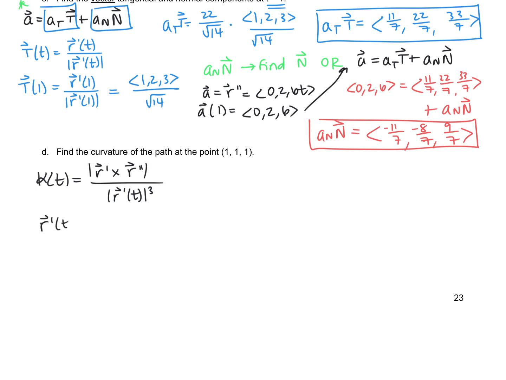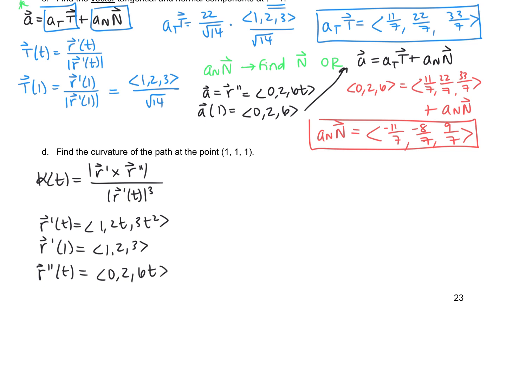We got r prime of t to be 1, 2t, 3t squared. So then r prime at 1 is 1, 2, 3. For our r double prime of t, we got that to be 0, 2, 6t. So again, r double prime at 1 is going to be 0, 2, 6.